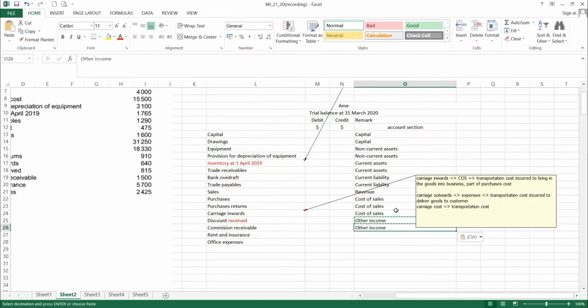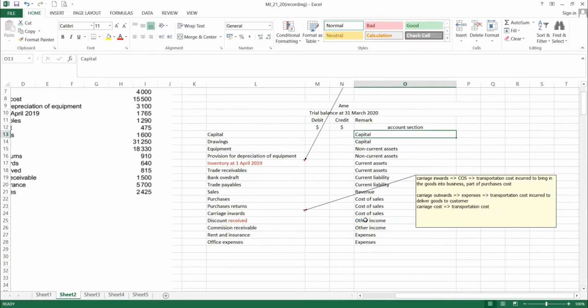Commission receivable also under the other income section. Next is rent and insurance under expenses, which you need to pay every year. Office expenses, behind got expenses, understood it is an expense.